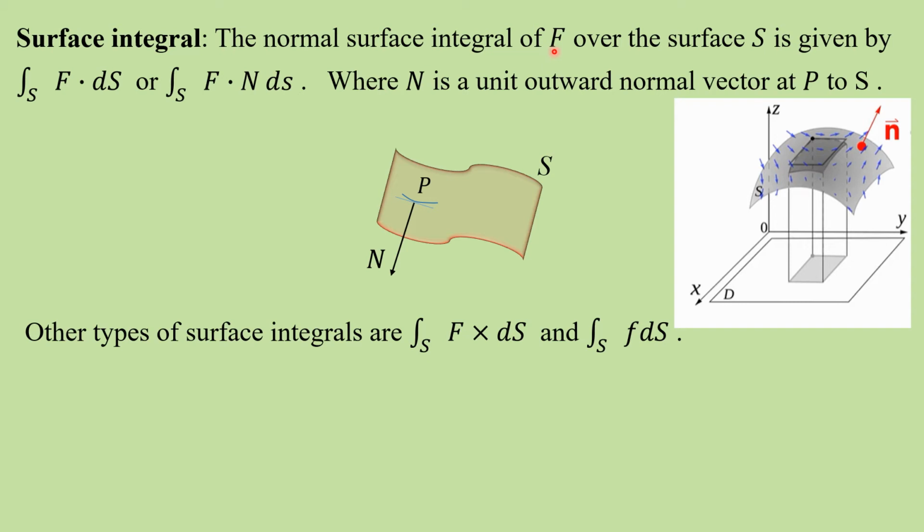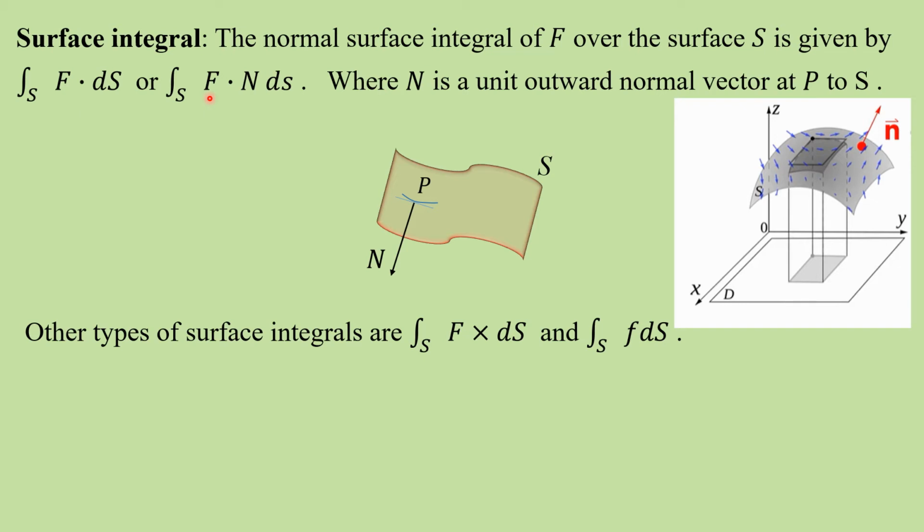Then the total outward flux of f across a closed surface S is nothing but the surface integral of f over S. So if f represents the velocity of a fluid particle, the surface integral of f over S is the total outward flux of f across the closed surface. And if the flux across every closed surface in a region is 0, then we can say f is a solenoidal vector.